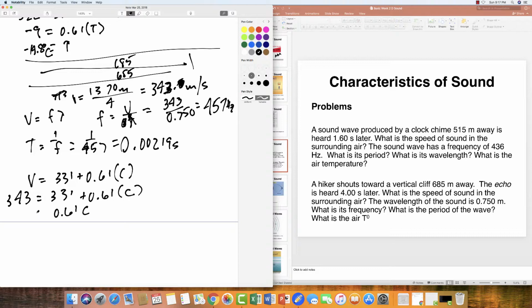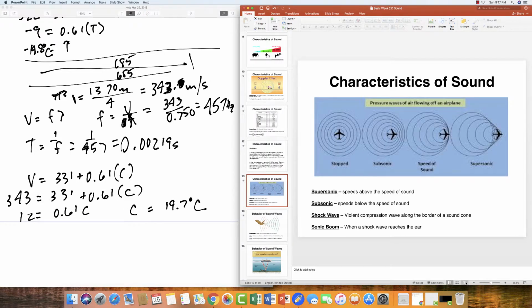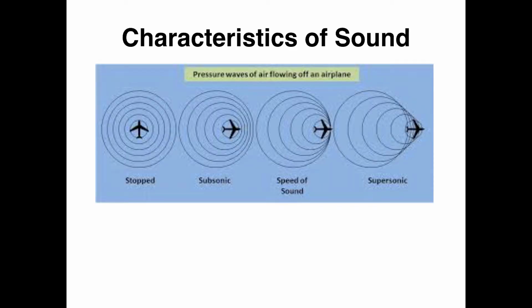So if we divide 12 by 0.61, we get an air temperature of approximately 19.7 degrees centigrade.